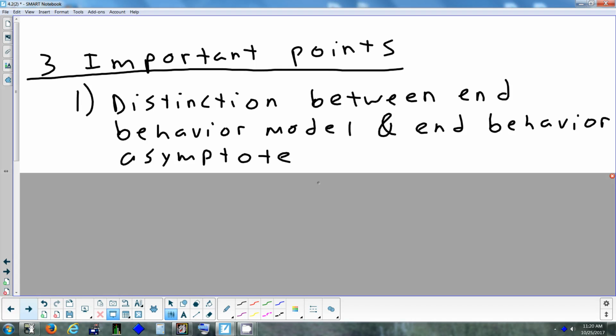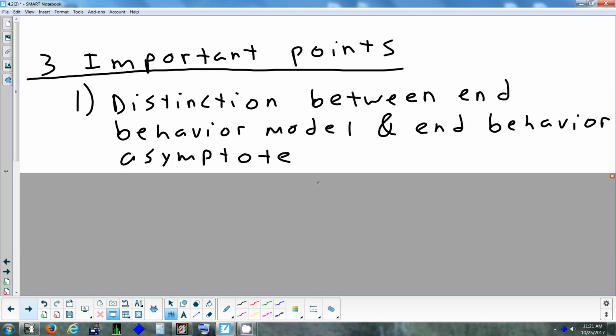Now, how do you do the EBM? That's a little easier. You don't have to use long division or synthetic division. That's what we did yesterday. Taylor? Just divide the two leading things. Yeah, you just take the highest degree term in the top, divide by the highest degree term in the bottom. That's your end behavior model. End behavior asymptote doesn't exist for the kinds of problems we did yesterday.